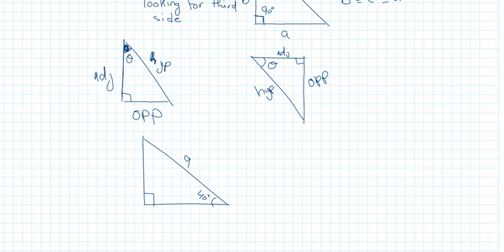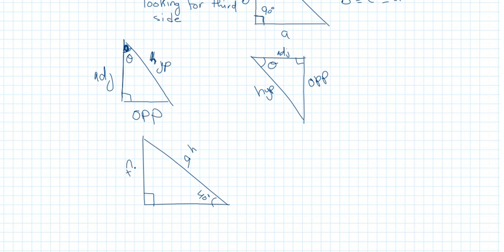Label your sides. So what do I label them? 9 is the hypotenuse. X is the opposite. Look here, this is your 40-degree angle, your angle of interest, so your opposite is across from it. That means you are looking for your opposite.